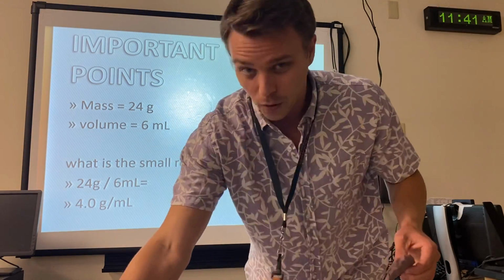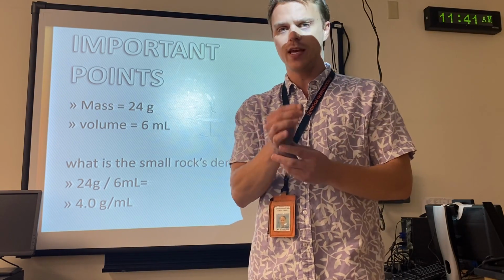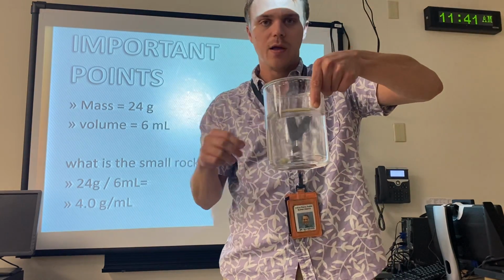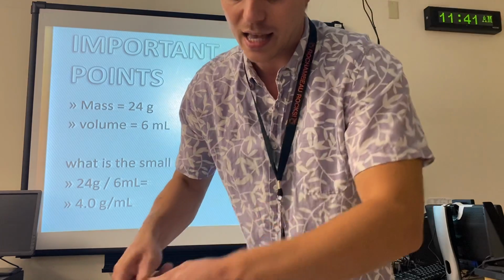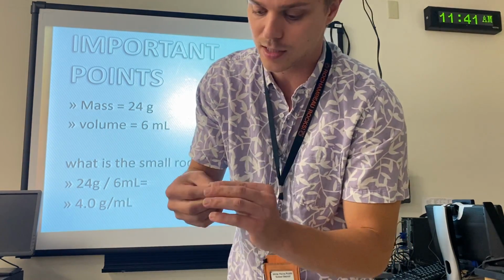So my point is, it doesn't matter how small of a piece you take off of this. It will continue to sink in water because the material is not any different. And the material is what gives the object its density.